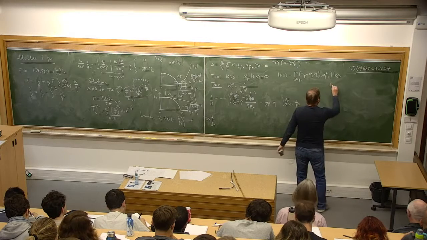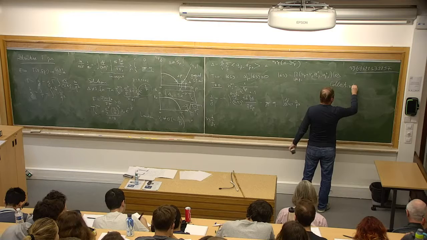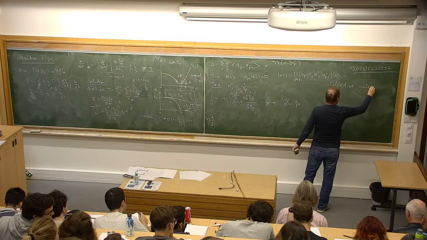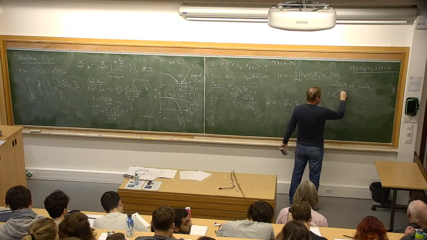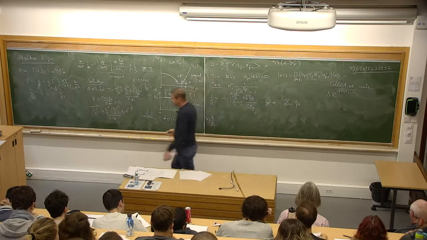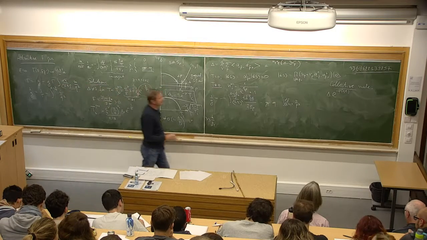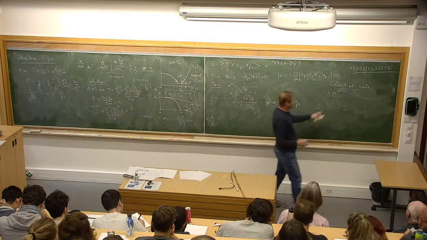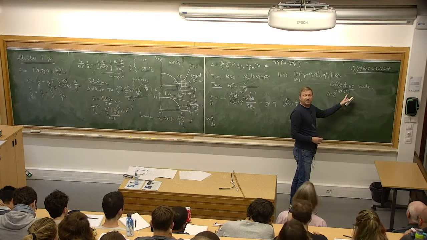We have a collective mode which actually sits in the phase of my order parameter. It's Noether's theorem, if you like. I break the gauge invariance by introducing delta, but the small fluctuation of the phase gives me the collective mode.